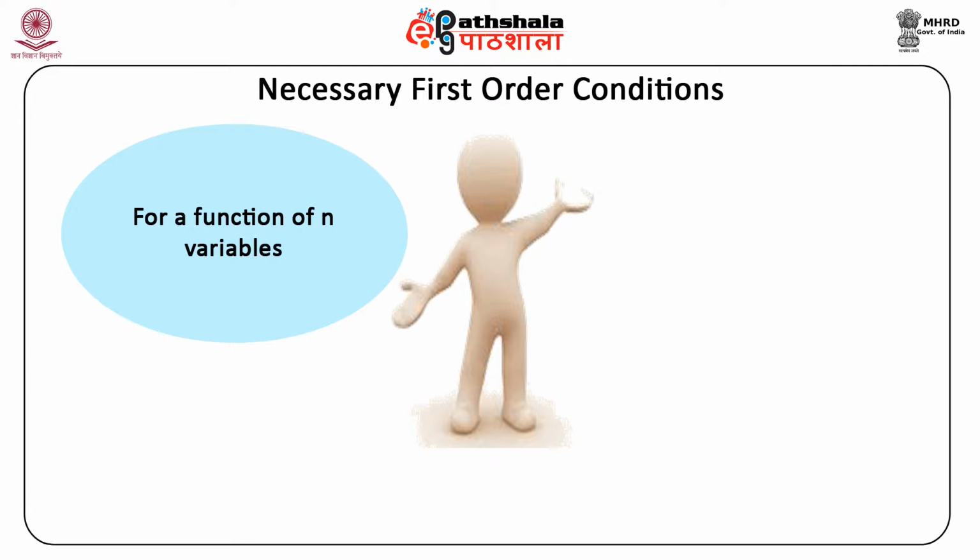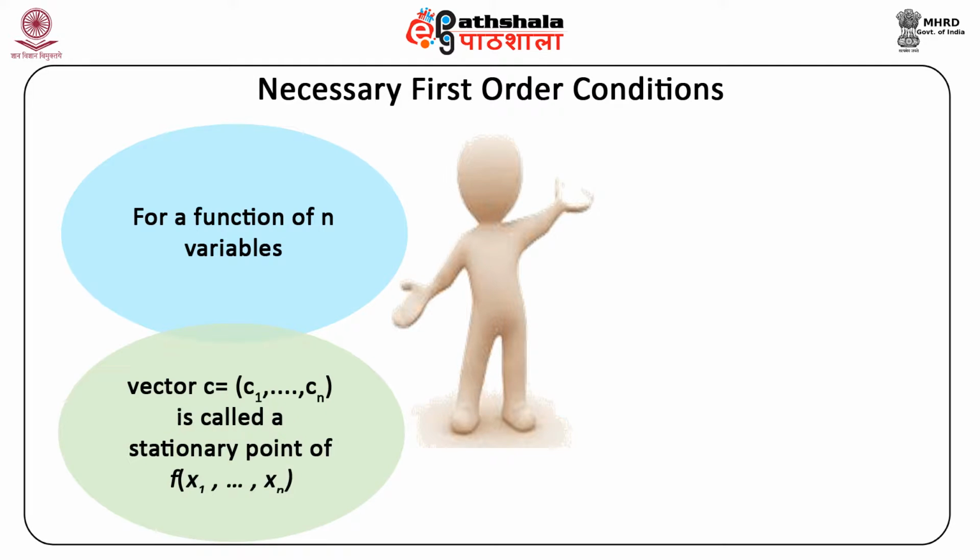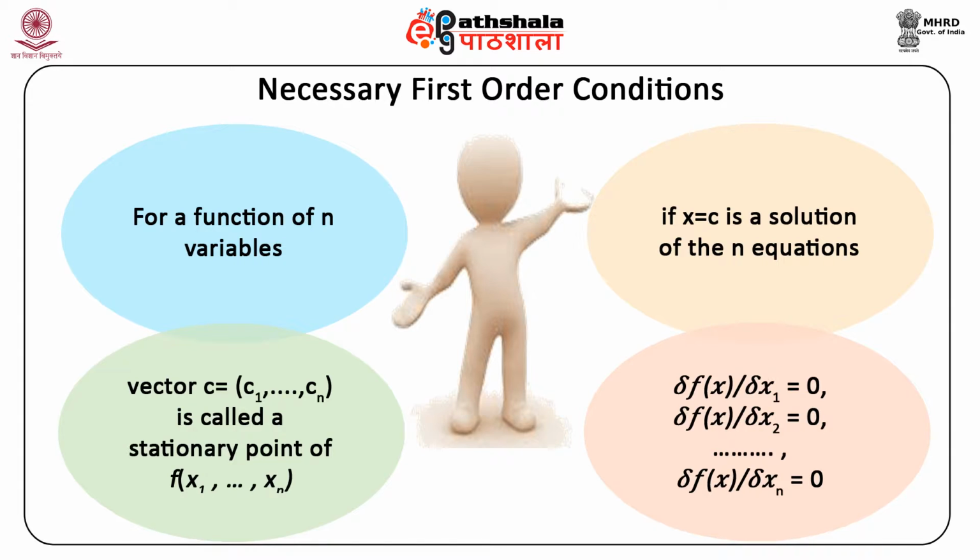For a function of n variables, vector C is equal to C1 going till Cn is called a stationary point of function f of x1 till xn if x is equal to C is a solution of the n equations: first derivative of f with respect to x1 is equal to 0, going till the last derivative of f with respect to xn equal to 0.